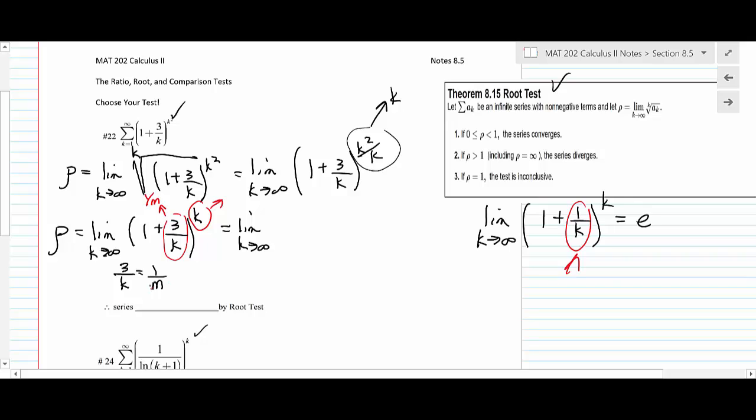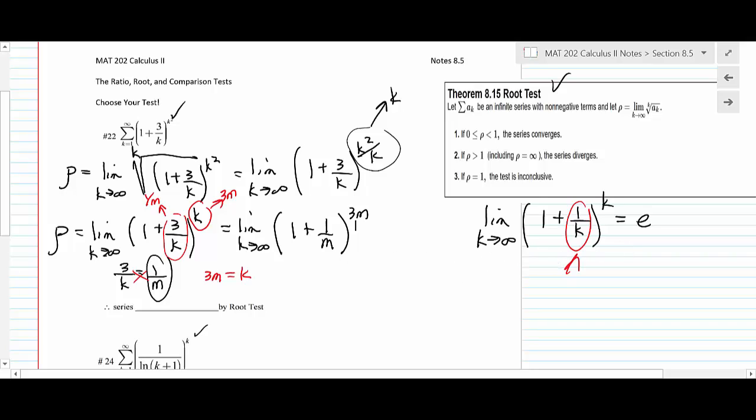Now you can cross multiply this, and you would have 3m is equal to k. Then you want to know what k is, so k is now 3m. So now if you change this, 1 plus 3 over k becomes 1 plus 1 over m, which we want, and the k becomes 3m. See, I'm trying to make it look like this thing.